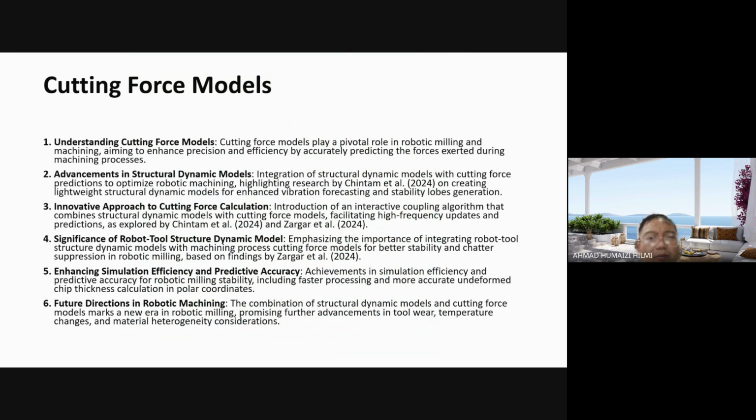We learned from our degree days that when we are cutting, there will be cutting force. When there is more cutting force, there will be vibration. This vibration can make the surface unstable and not of accurate, high quality.